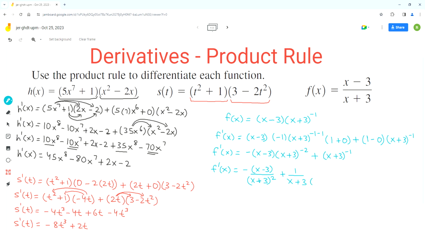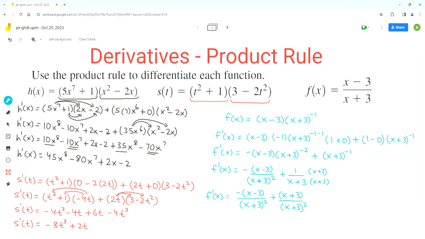So for that we'll multiply the second fraction by x plus 3 in the numerator and denominator. So we get f prime of x equals negative x minus 3 over x plus 3 squared and then plus x plus 3 over x plus 3 squared. So now we have a common denominator.